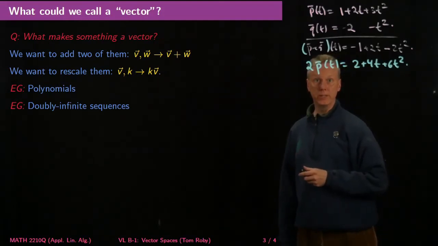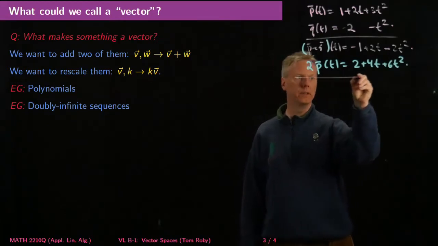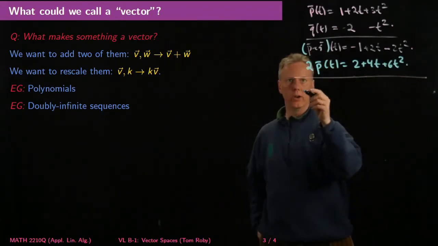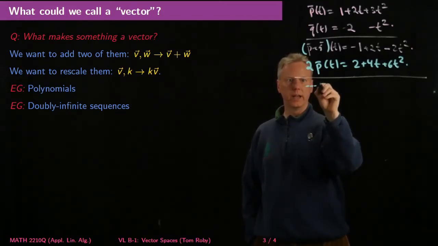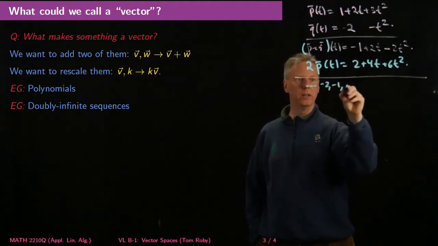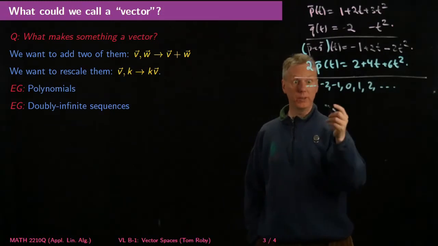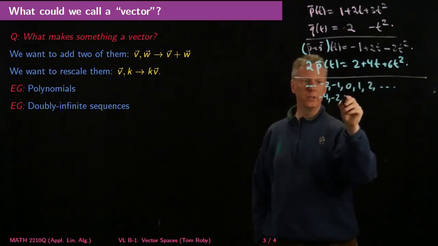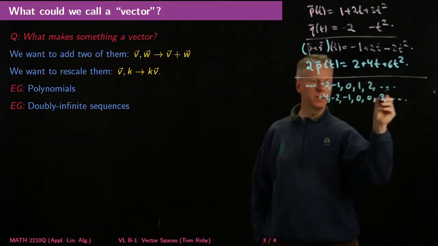Another example: doubly infinite sequences. The simplest sequence might be the integers: dot, dot, dot, minus 2, minus 1, 0, 1, 2, dot, dot, dot. Now I've got some other doubly infinite sequence, maybe negative 4, negative 2, negative 1, 0, 0, 3, dot, dot, dot.